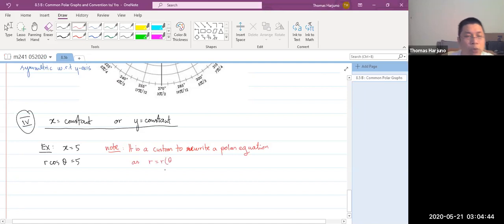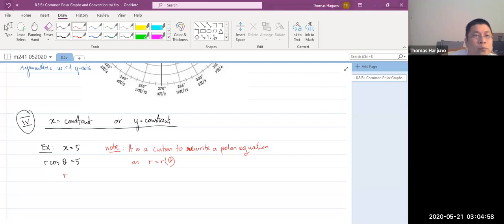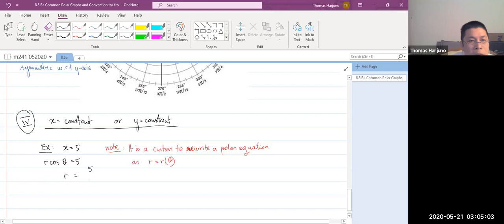In other words, you isolate the r on one side and the other side without r. Not all the time doable, but we try. If it is doable, then you need to. Now in this case, we will get r equals 5 over cosine theta, r equals 5 secant theta. Okay, now that will give you a line.